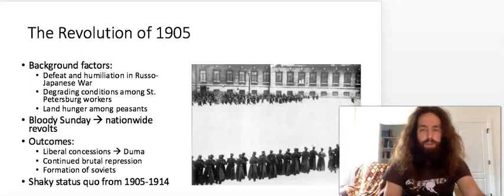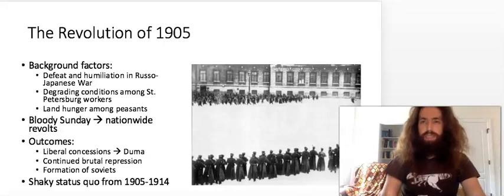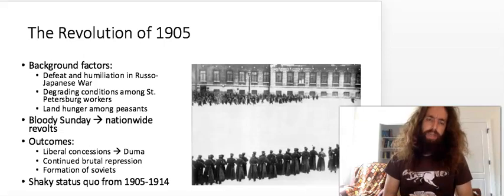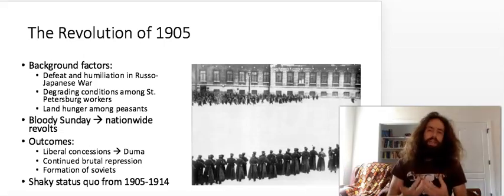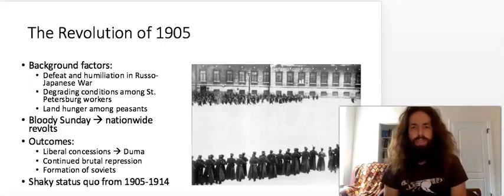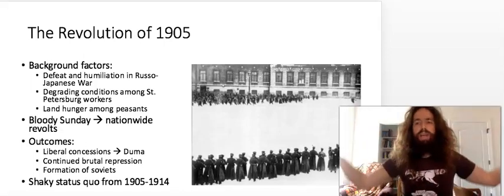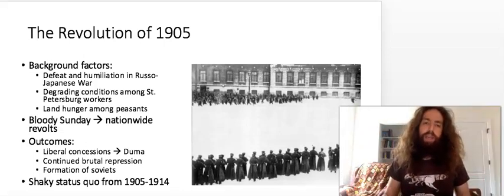This was a common trope in Russia, the idea that the Tsar was actually the good guy and that he was simply being misled by corrupt officials. So if the people could just speak to the Tsar, he would help them. Instead, the Tsar sends out soldiers and has the soldiers shoot the crowd until the crowd runs away. This angers people across Russia to the point where there is now just kind of a spontaneous nationwide outburst of violence against the government.